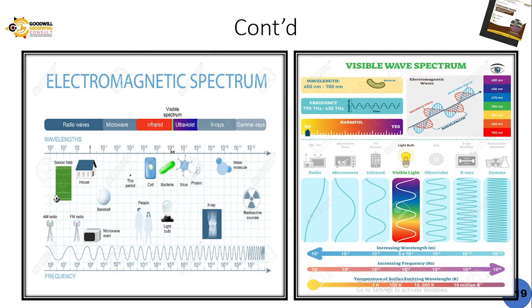Let's continue. That's the electromagnetic spectra. Now this is a visible spectrum that our eyes can operate in. That's a very minute window, and below or beyond that you can't see anything unless you use other devices and other mechanisms to see.